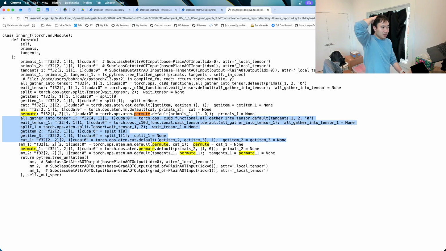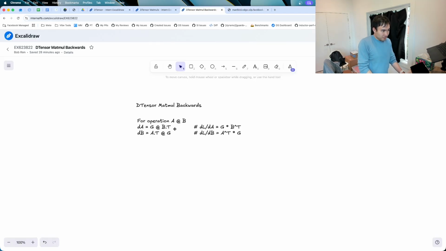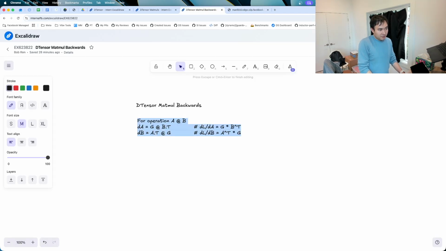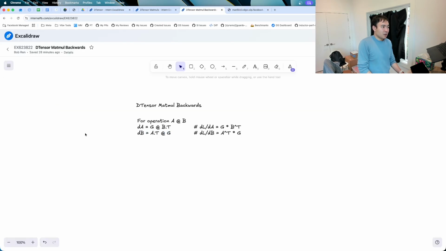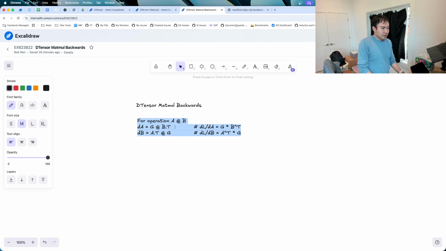And so going back to what this matmul 1 is, this matmul 1 is x transpose multiplied by g, which is effectively this. Now if we look at matmul 2, we have g matmul permute 1, which is y transpose. And so you can see here that that is equivalent to this.